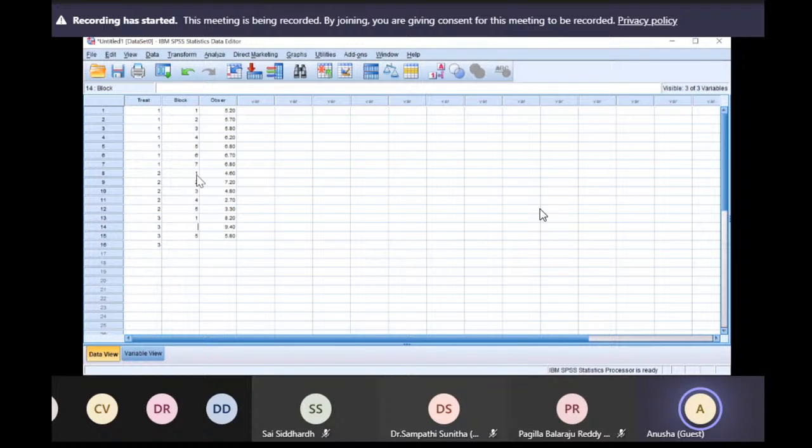No, 7 is what you have to take, because 2 also has 7. These 2 you change to 3 2 2. Now 3, 7 times. Similarly, 1 2 3 4 5 6 7 blocks. Next, enter some observations randomly.